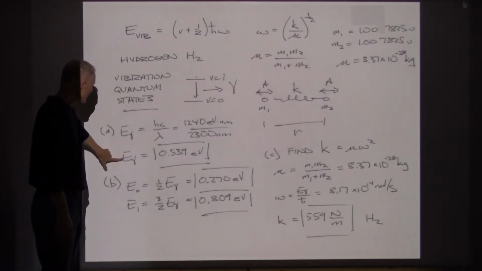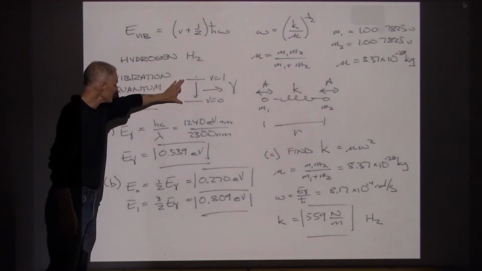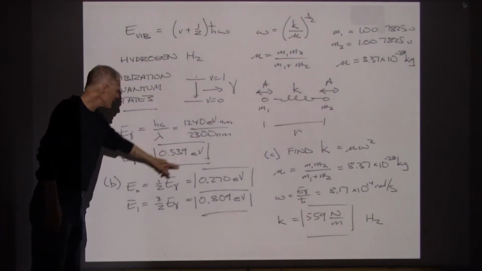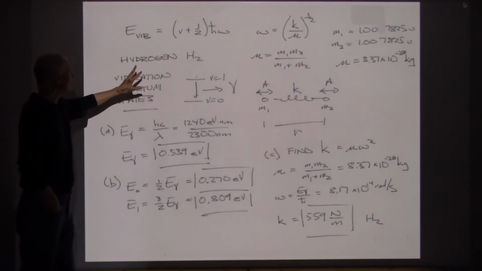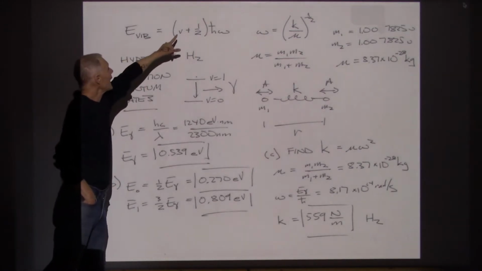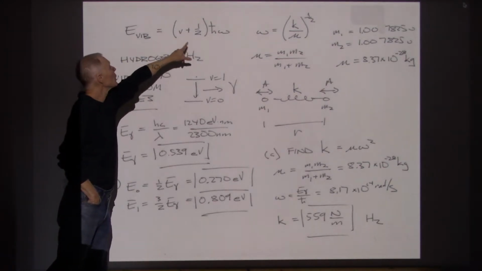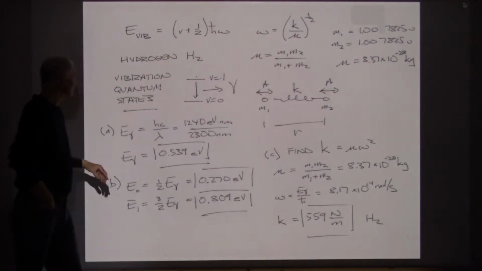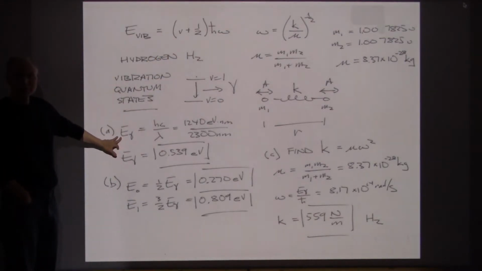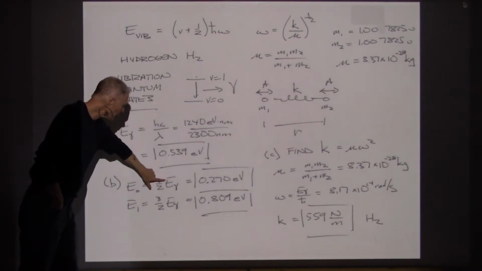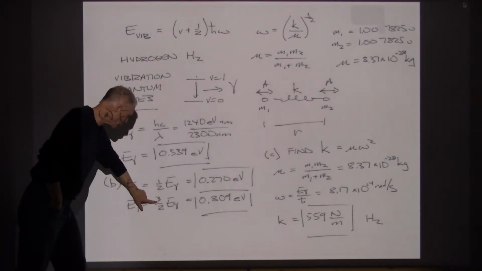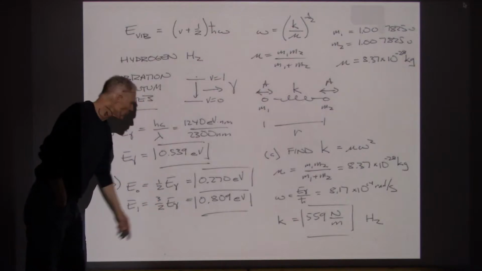And so that says that the spacing between these states is 0.539. Now the energy of the lowest possible state is 1/2 h bar omega, where h bar omega is the energy of the photon. So that lowest state is 1/2 the energy of the photon. The excited state is 3/2 the energy of the photon.